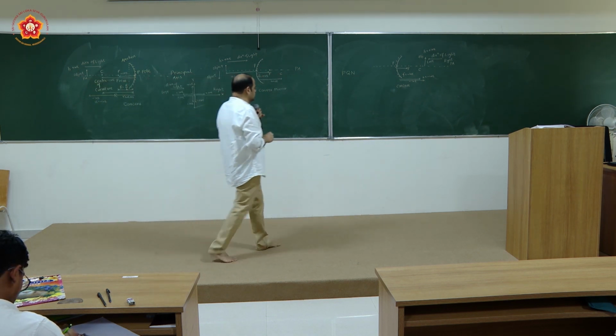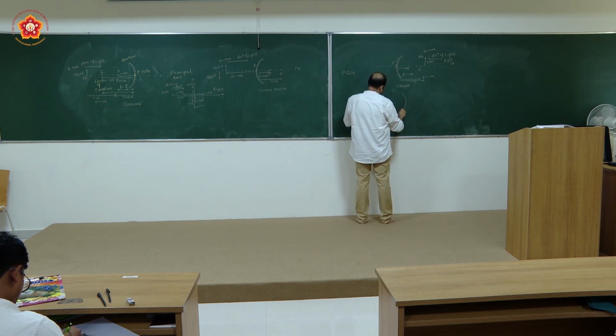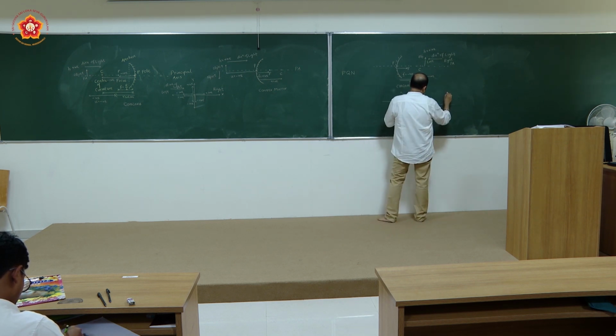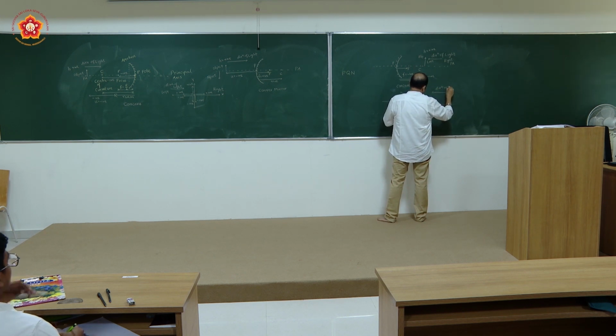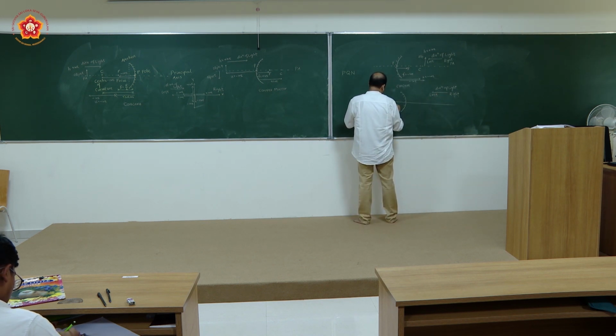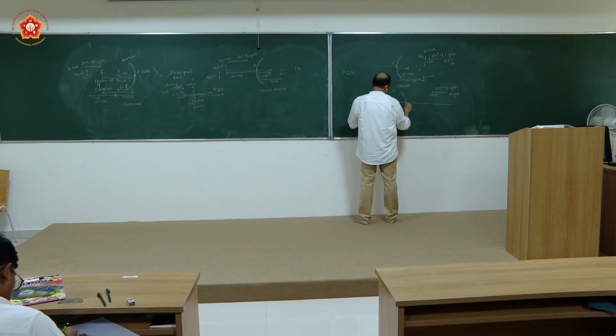Similarly, we can show here the convex mirror. The direction of light is taken here. It is taken from right to left. Now you will be having the focus here, center of curvature here. So this is representing the pole.